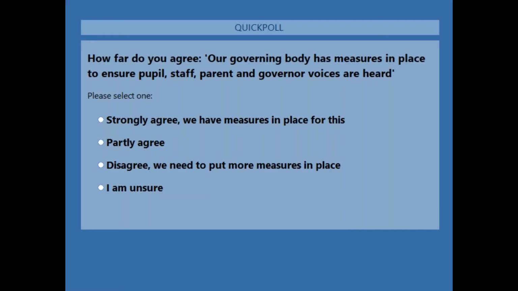Do you strongly agree that you have measures in place? Partly agree? Do you disagree, or are you not sure? And that's great. We're getting nearly up to 80% of the vote. So just wait for the last few to come in.